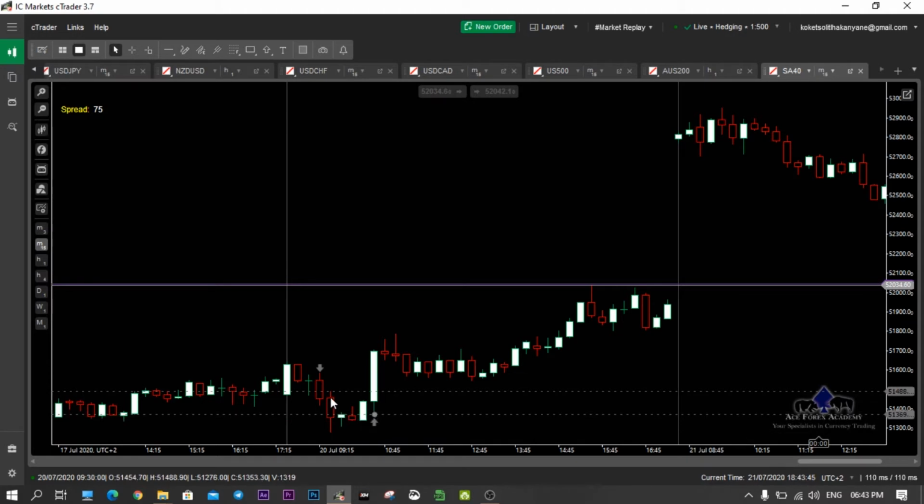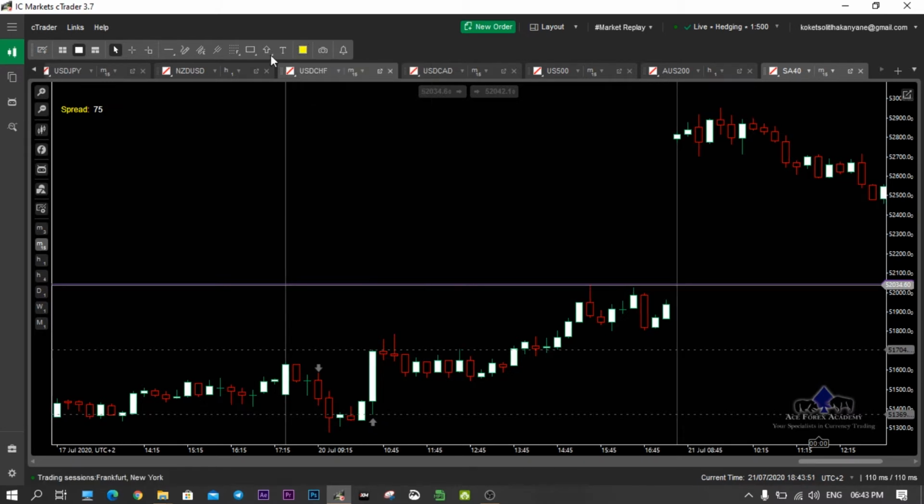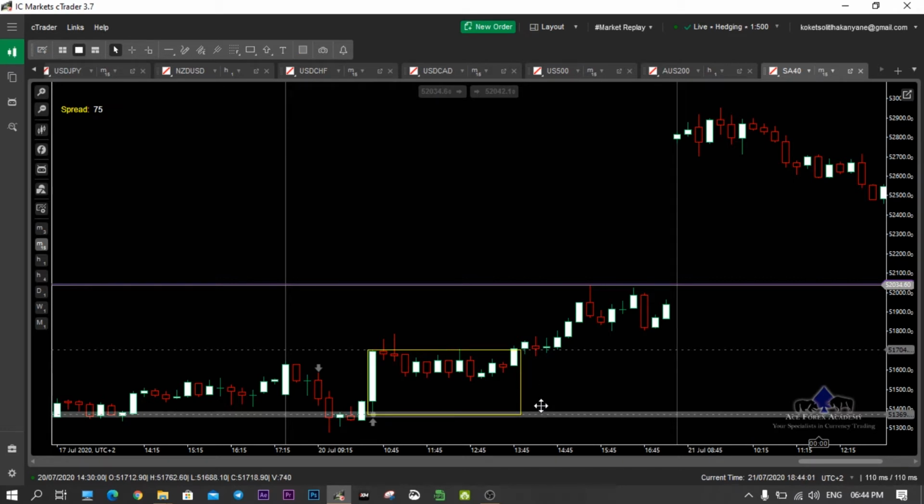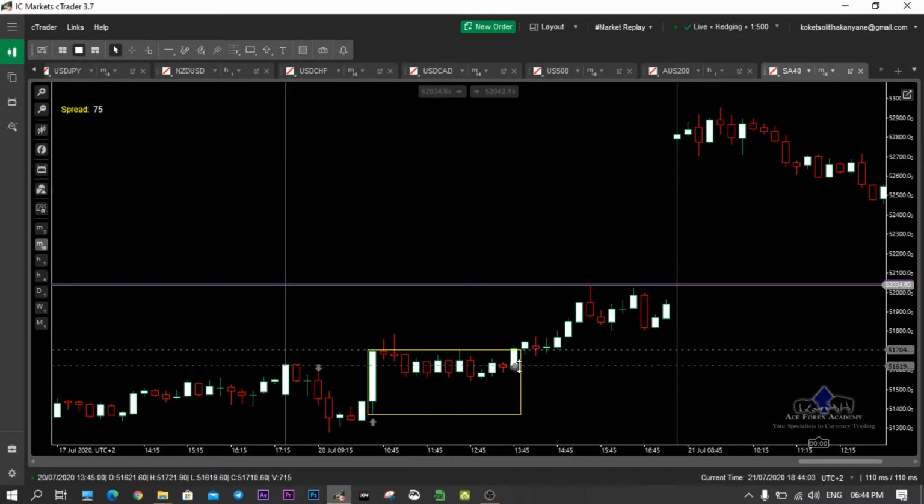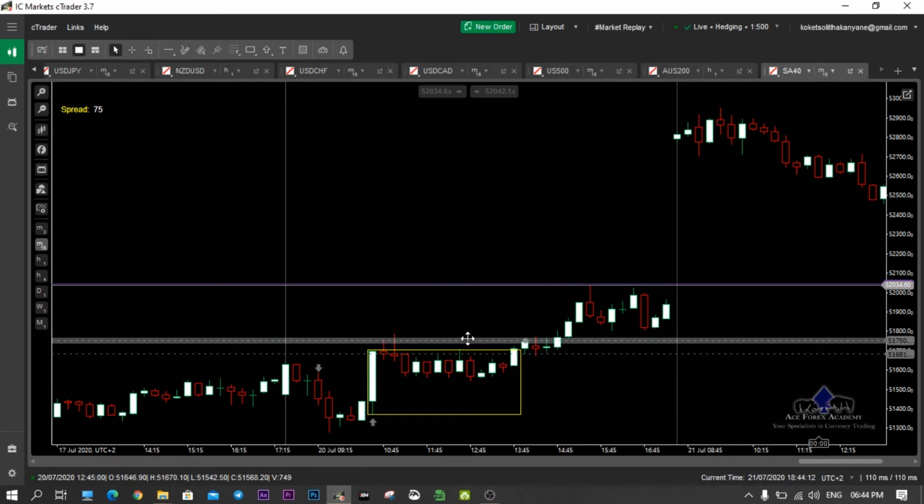Bulls then kicked in and pushed price to the upside. Then we're given a brief moment of consolidation that we have marked over here. After this brief consolidation, price continued to go to the upside, giving us our higher highs and our higher lows, which are the defining characteristics of our uptrend.